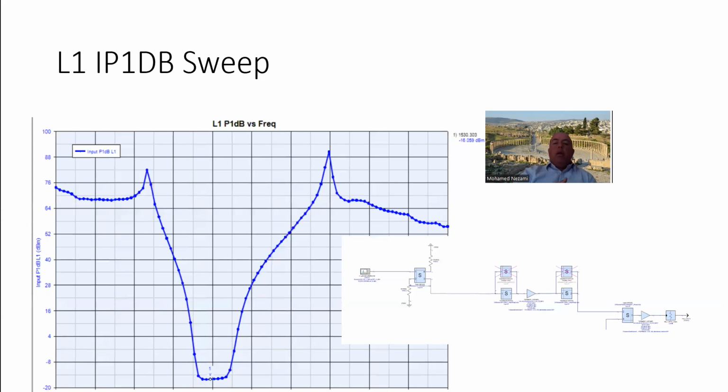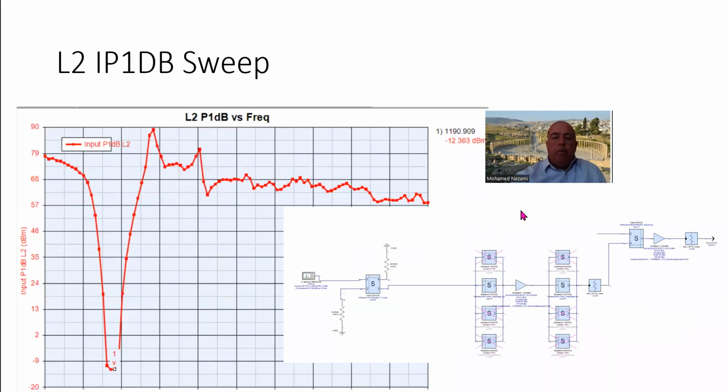So you end up with another band and something out of band, like a 2.4 gigahertz Wi-Fi signal, or some other commercial radars from airports and so forth, or even land broadcast systems. They can overwhelm the front end and blind the GPS receiver. So that's why we do this, okay?